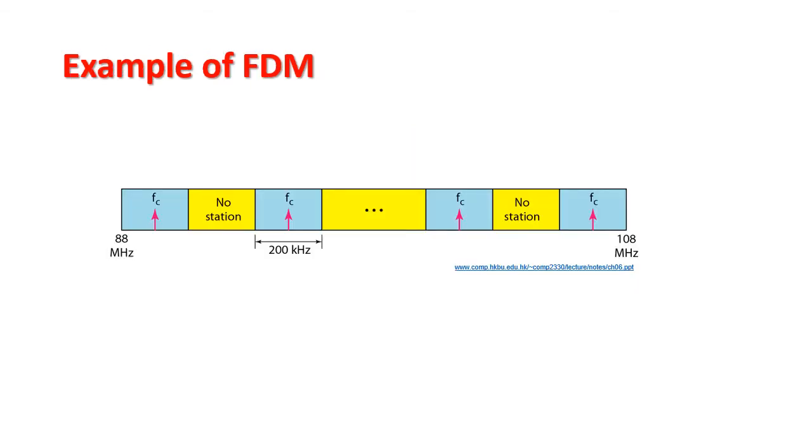This is an example of FDM. This is the frequency band for FM stations. It goes from 88 all the way to 108 megahertz. So as you can see, each channel is 200 kilohertz wide with a carrier frequency in the center of the bandwidth.